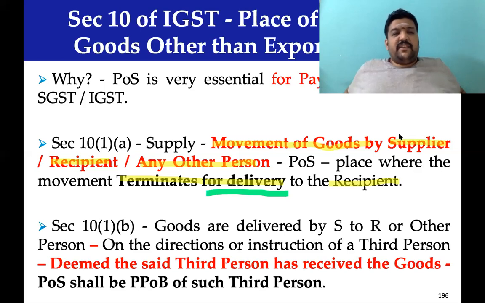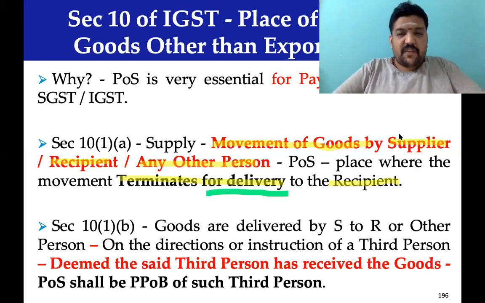Is it decided based on the place where the supplier is located and the recipient is located, or based on where the supplier is located and the place of supply? I think the second one is the option. Location of supplier Tamil Nadu, place of supply Tamil Nadu, supply would be treated as intra-state supply.